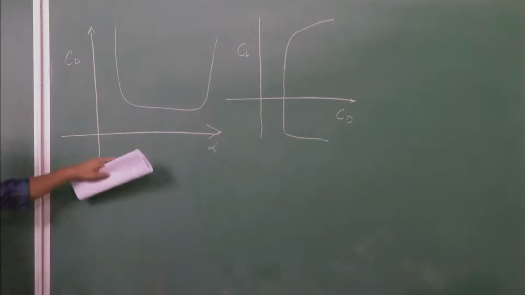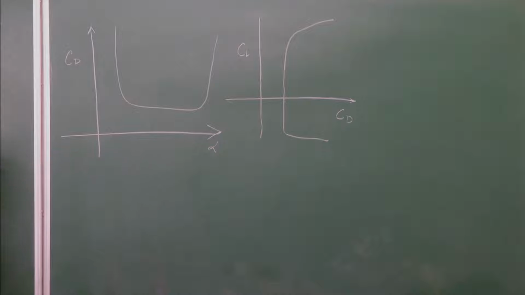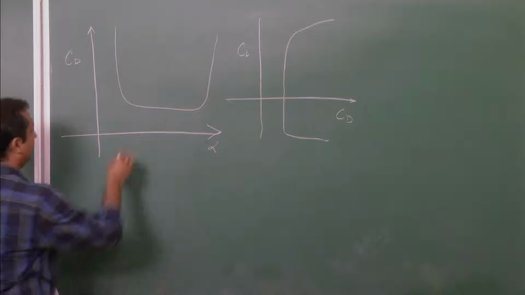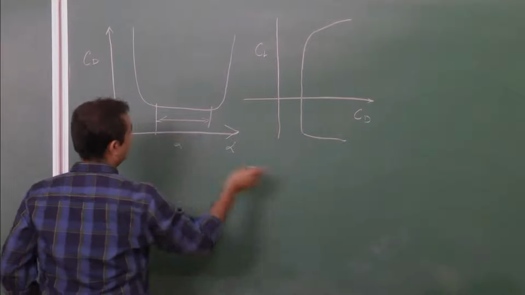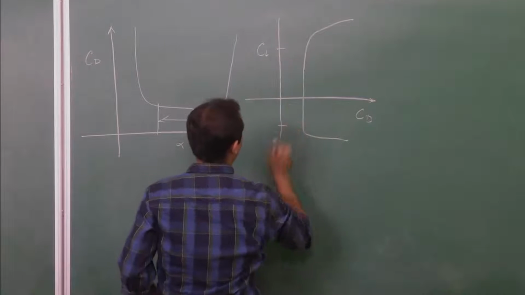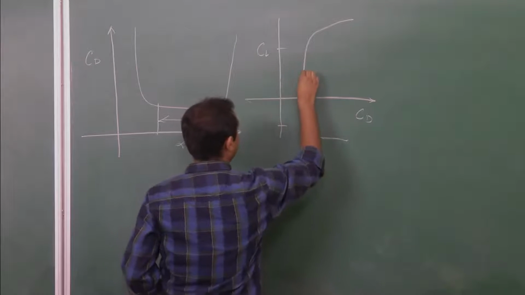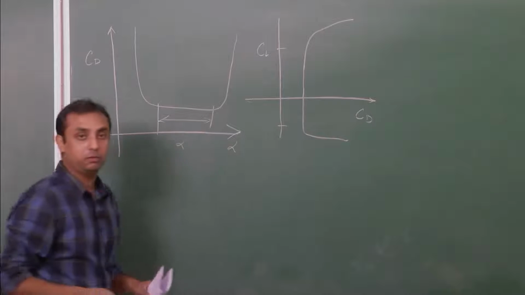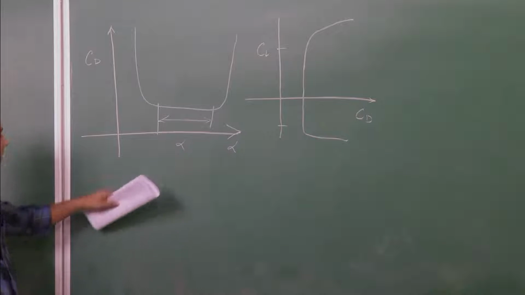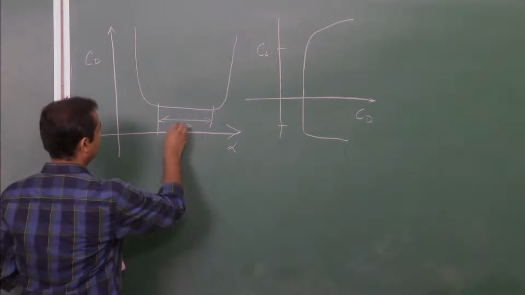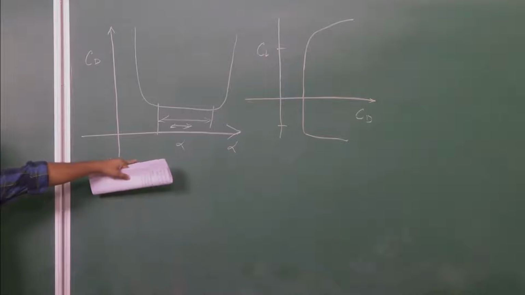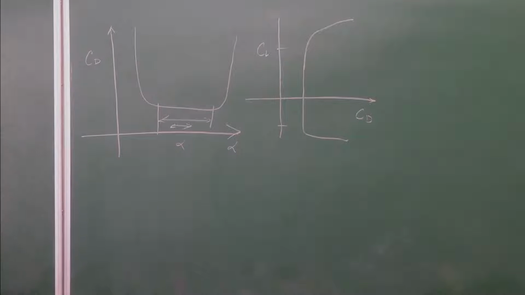Now, this is in the shape of a bucket, and the significance of this is that for a particular range of alpha, or in this case a particular range of CL, the value of CD does not change. So from a design perspective this is beneficial for me, because if I operate in this particular range my drag will not be significant, or drag will remain constant.